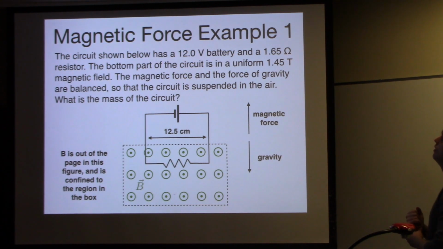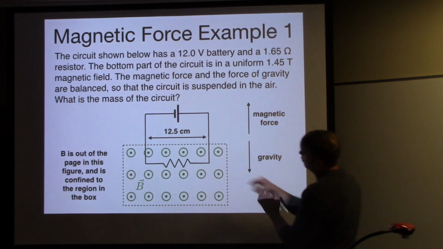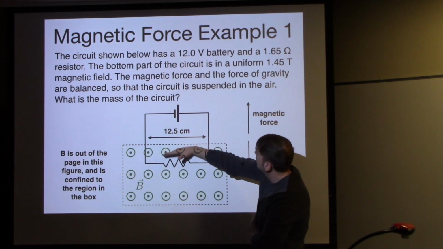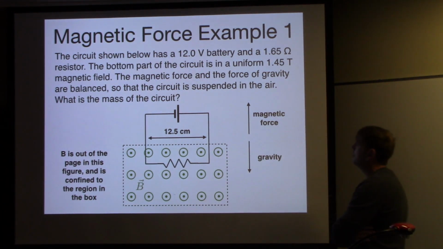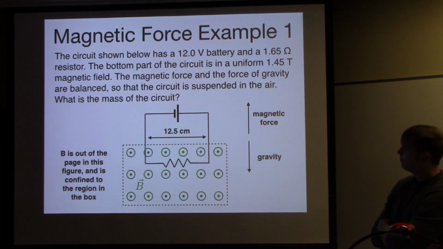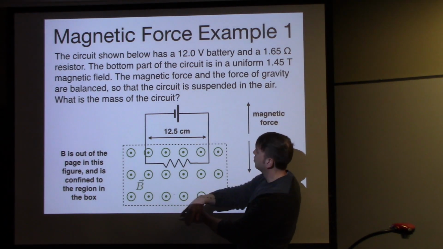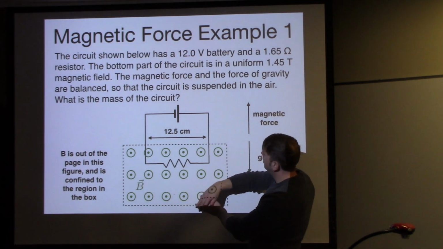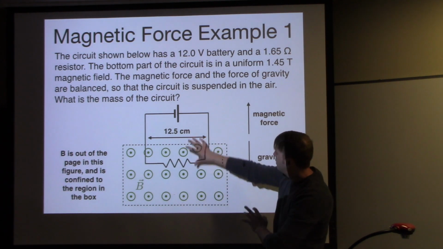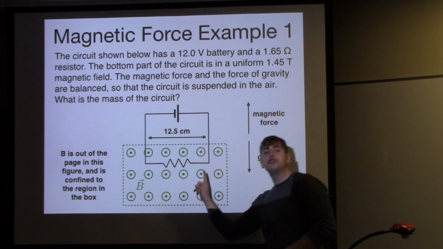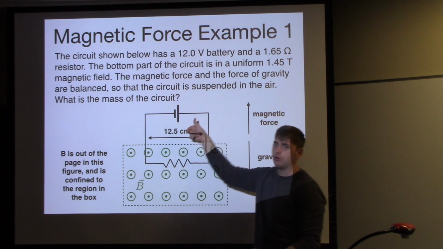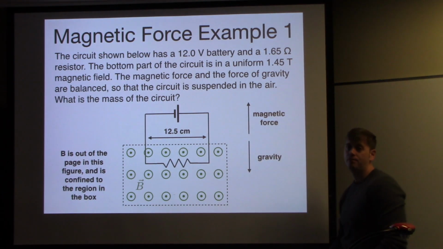Okay? So that means only part of the circuit is in the magnetic field. Only this bottom part of the circuit is in the magnetic field. And I want you to think of this as being vertical. So there is a magnetic force acting on this circuit, which is pushing it up. But of course, there's a force of gravity pulling it down.